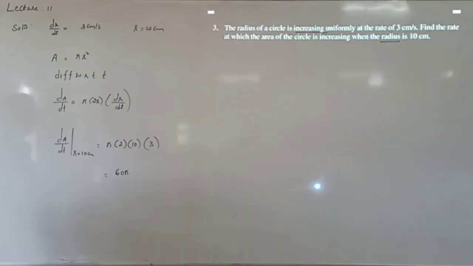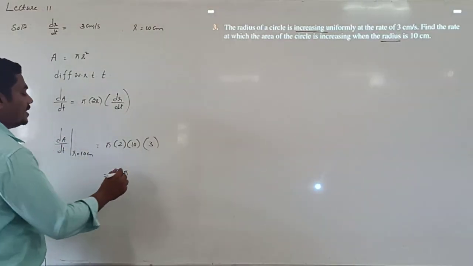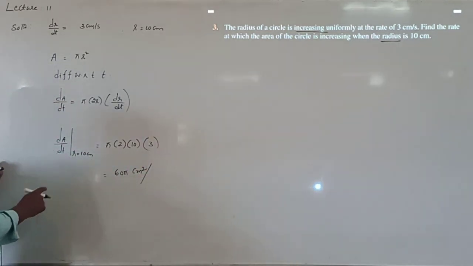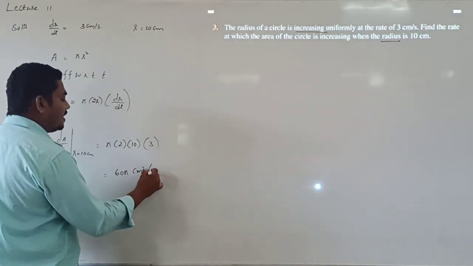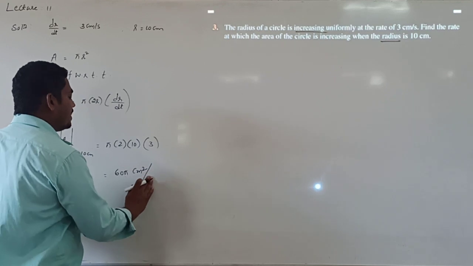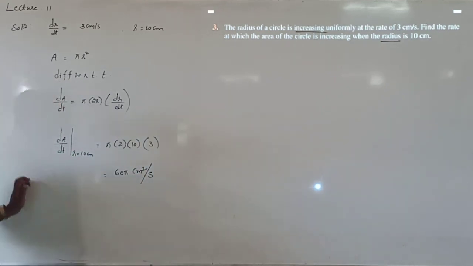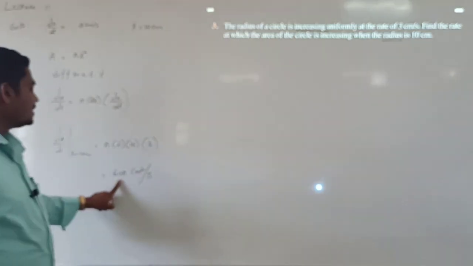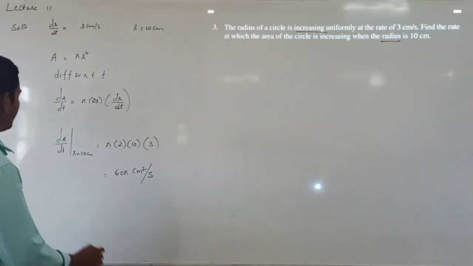What is the unit? In the numerator the area function is there, it is measured in centimeter square. In the denominator the time function is there, it is measured in second. Centimeter square per second.